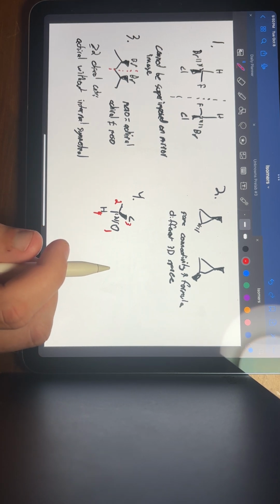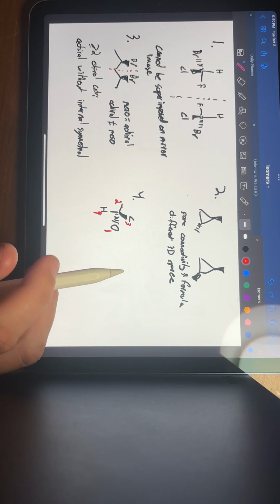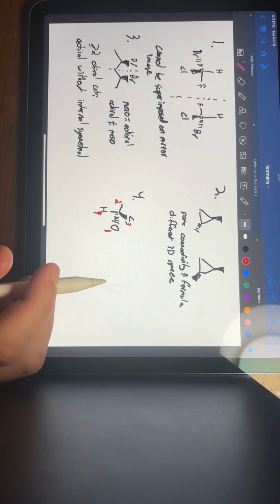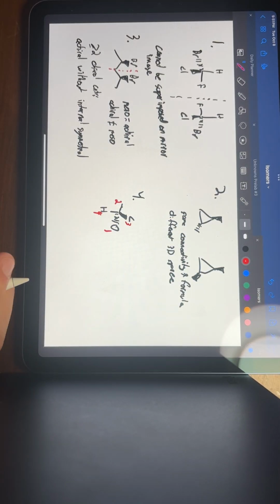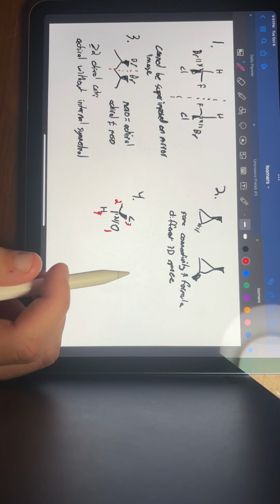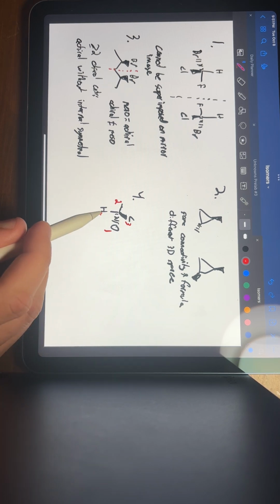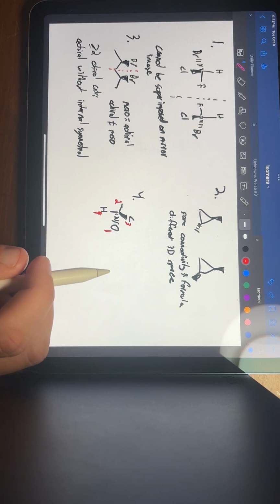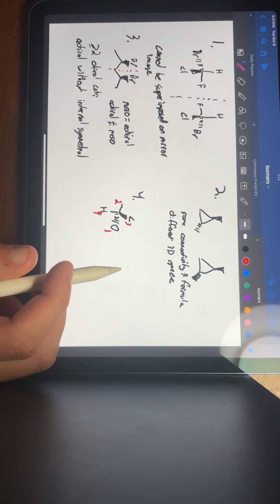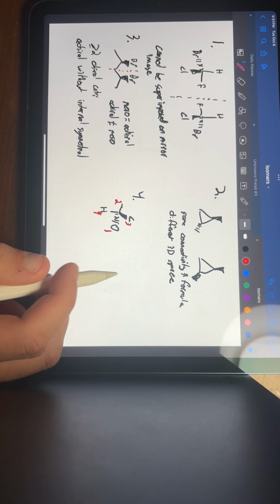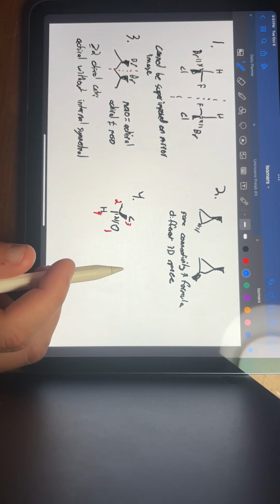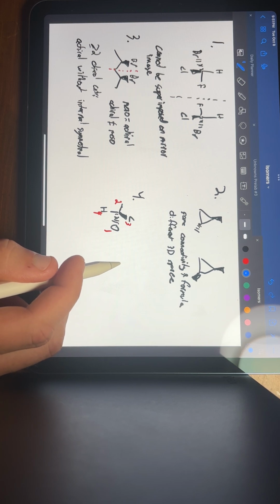And then to determine its RS configuration, we want to put the hydrogen in the back in order to determine if it's clockwise or counterclockwise. So to put the hydrogen in the back, we'd have to swap around a few things. I'll draw this one in blue.